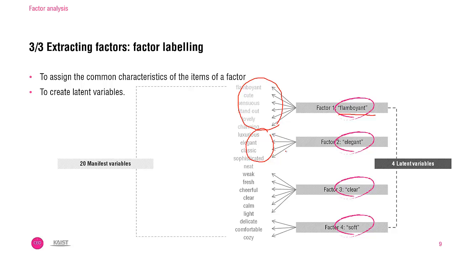So you can find your own way to create a name for each factor. And in another aspect, these 4 variables are actually latent, in Korean, 잠재 변수. So they didn't exist before, but through factor analysis, we discovered that there is an underlying structure which consists of these 4 factors.